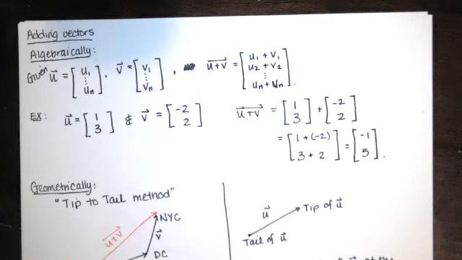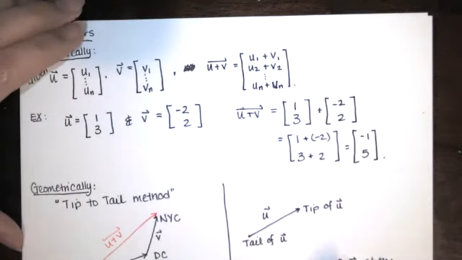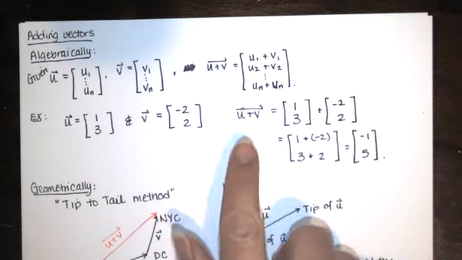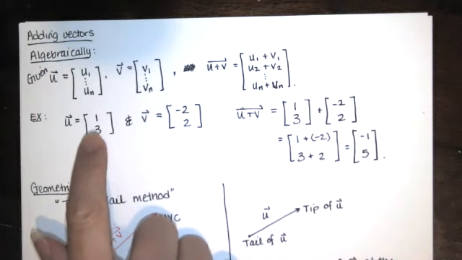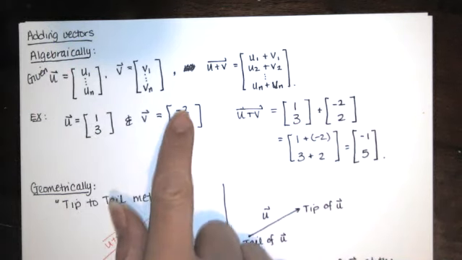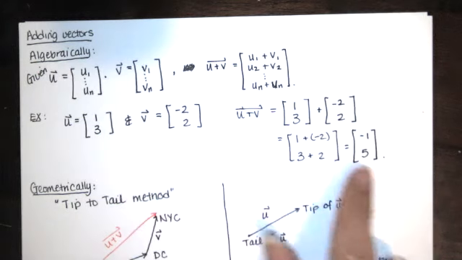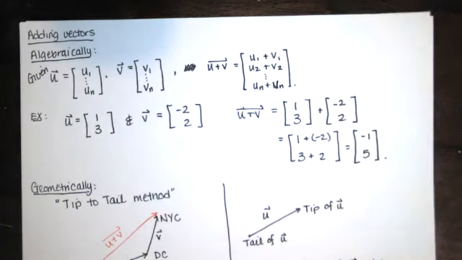Okay, so let's look at this example geometrically. We want to show that if u is the vector with components 1 and 3, and v is the vector with components -2 and 2, u plus v is the vector with components -1 and 5. We want to show that geometrically this time.